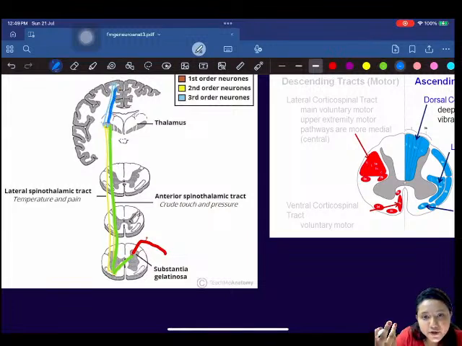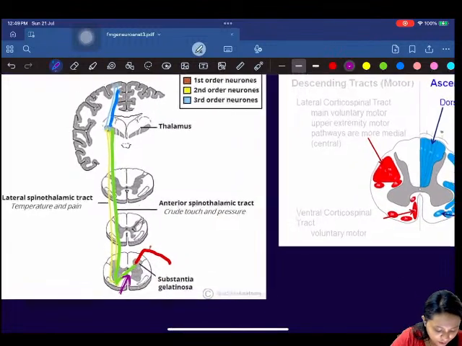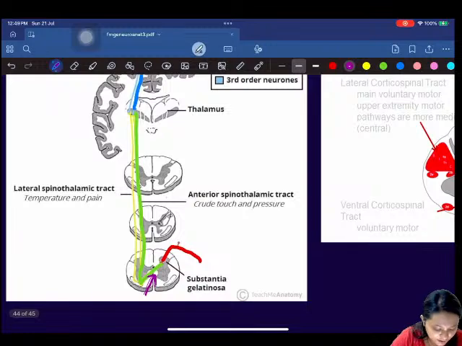The first order neurons are on the same side. The second order neurons, as you can see, are crossing. As I told you, there is the anterior commissure where the crossing over of fibers happens. So anything related to the second order neuron will be on the opposite side.